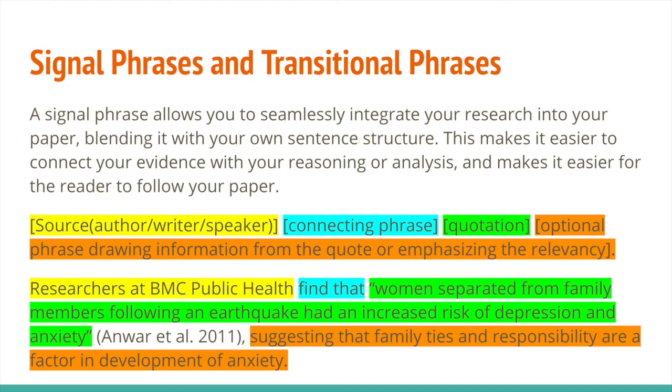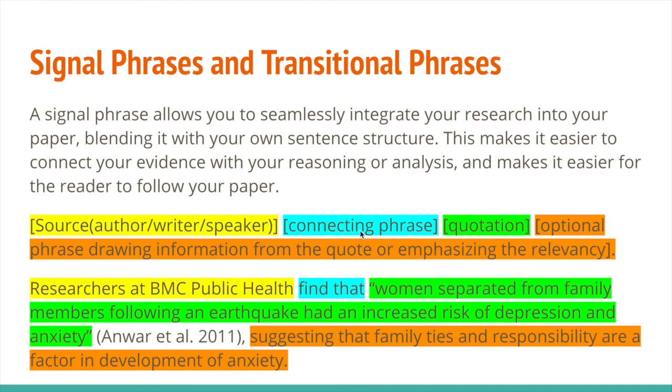This will make it easier both for you to connect your evidence with your reasoning or your analysis, so connect it back to your argument and your thesis, and it'll also make it easier for the reader to follow your paper. So here we have an example. You want to start with the source, then a connecting phrase, which we'll talk about a little bit on the next slide.